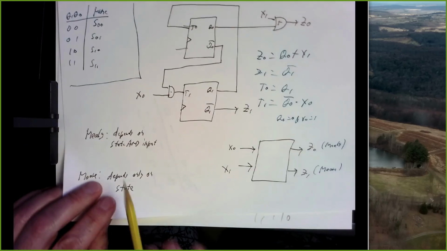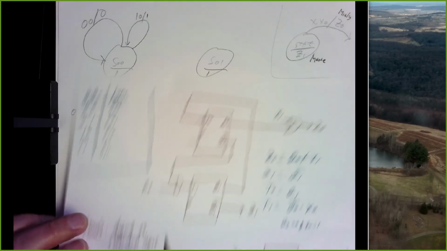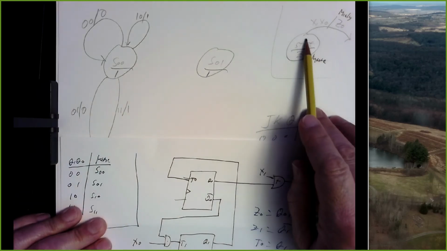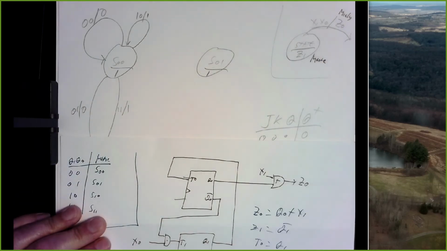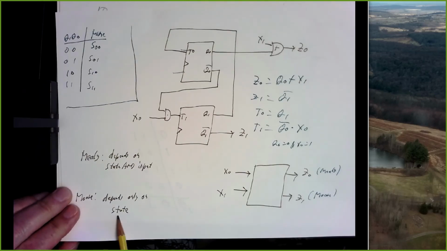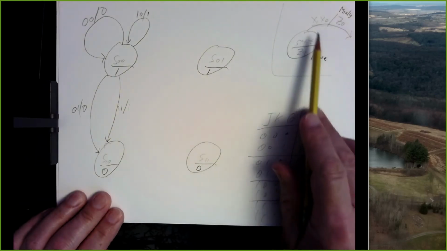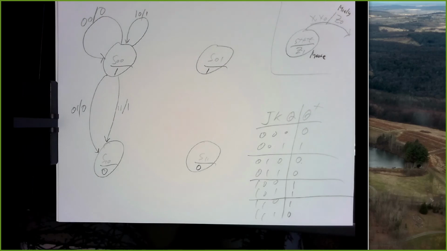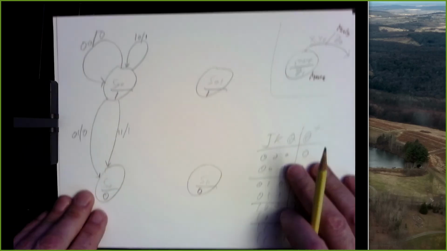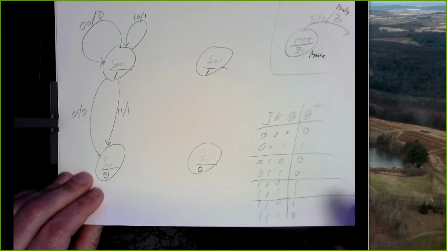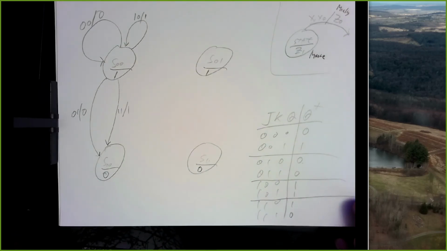And that's because the Mealy outputs depend on the state and the input, and these arrows tell you not only what state you're in, but what the inputs are. The Moore outputs only depend on the state, so we can just list them inside the state bubble itself. Gotcha. Okay, cool.